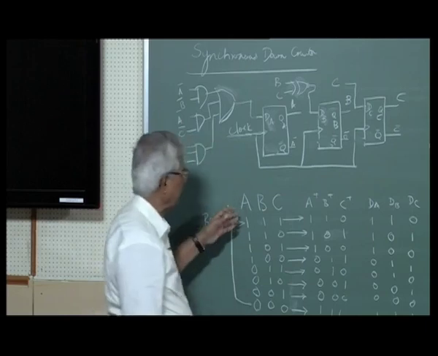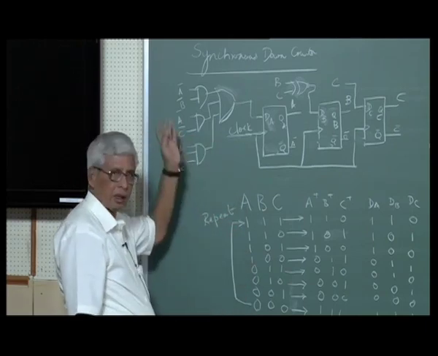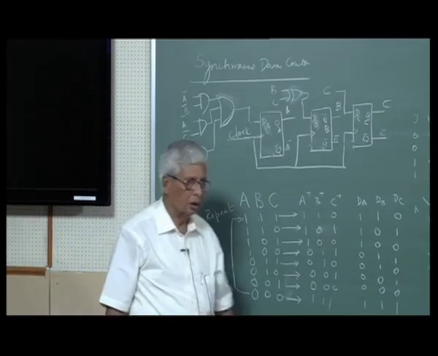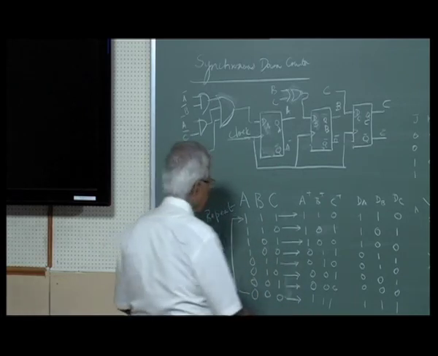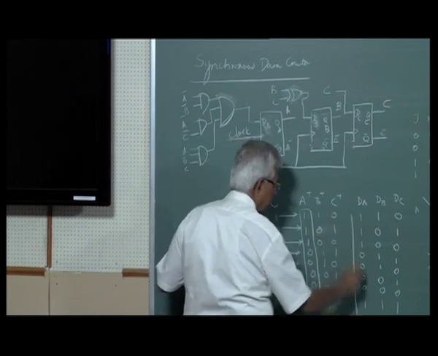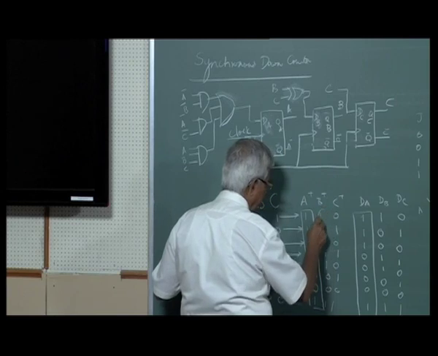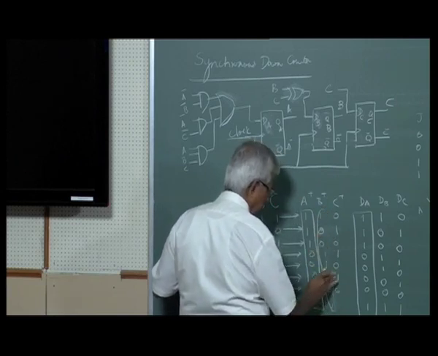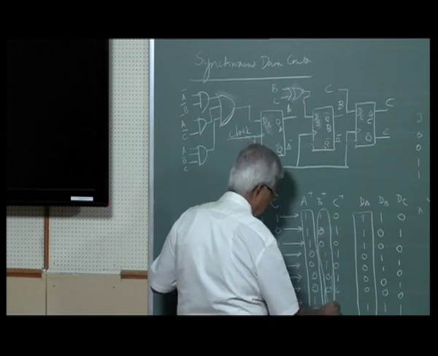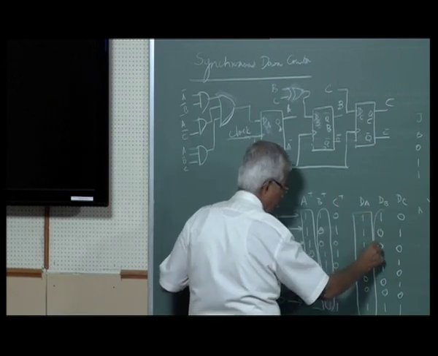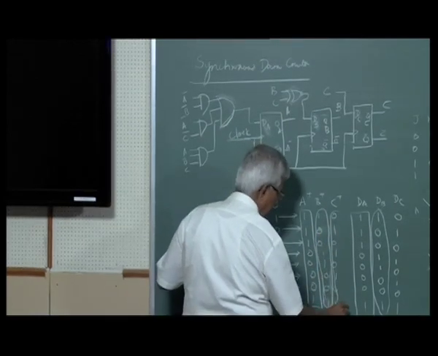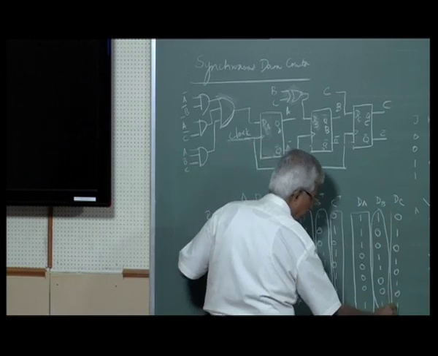So for a synchronous counter, I can have a down counter, up counter, the other day we saw 3-bit. I can now use any flip flop. D flip flop I chose because it is simple. Next state of A will be same as DA, next state of B would be same as DB, next state of C would be same as DC.